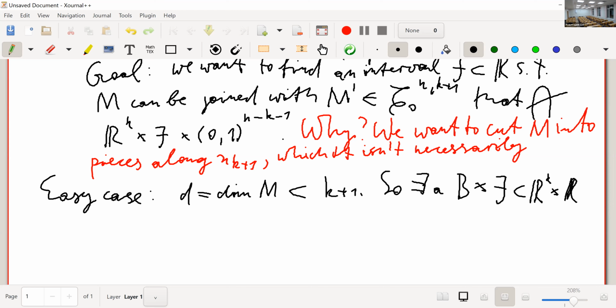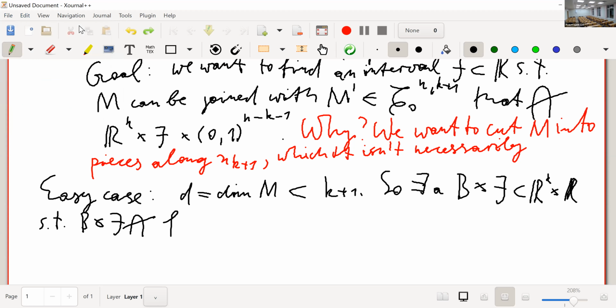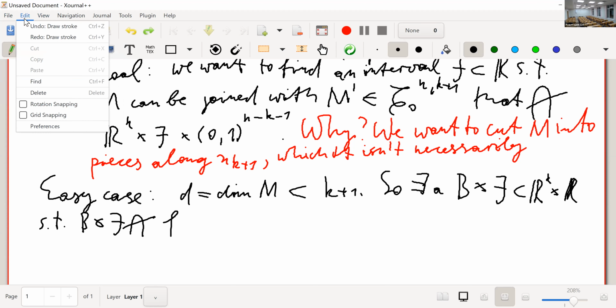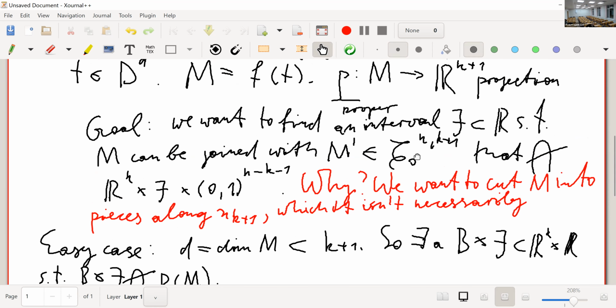So there exists a small disk which is disjoint with P of M. P is the projection onto R k plus 1.